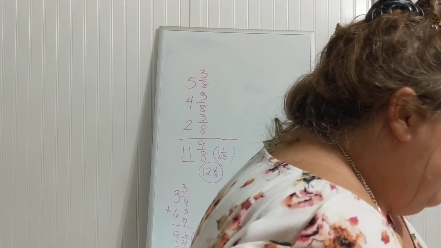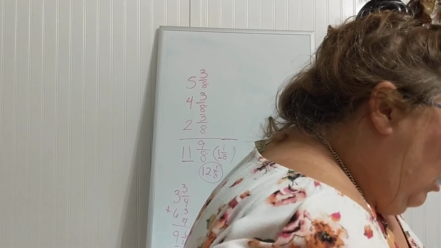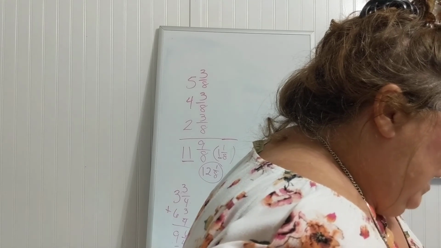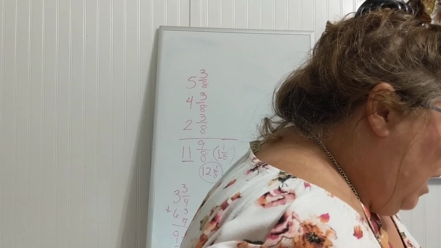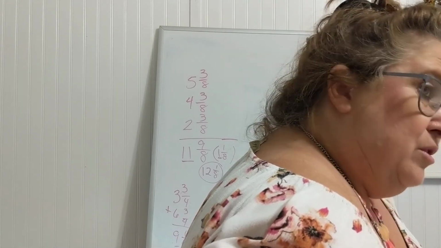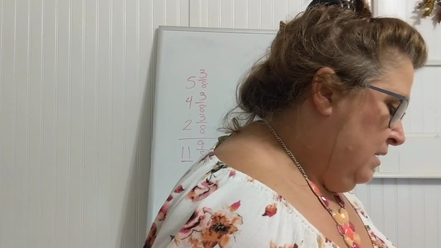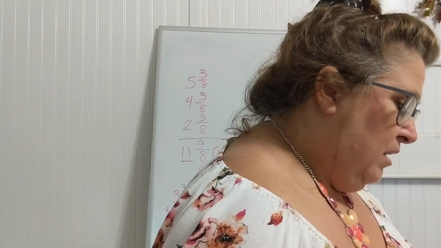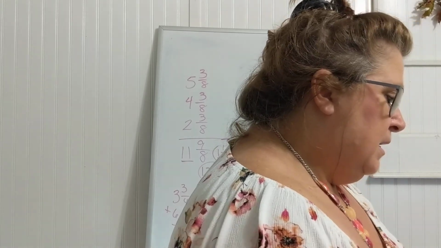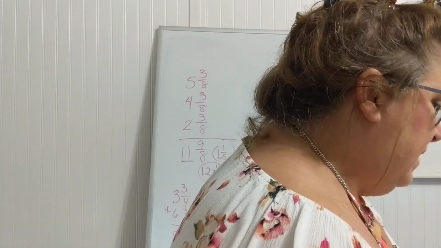Do 8A, do 9A, do all of section 10, and on section 11, do the first column going down, the third column going down, and the fifth column going down. Okay? And complete all of page 79.